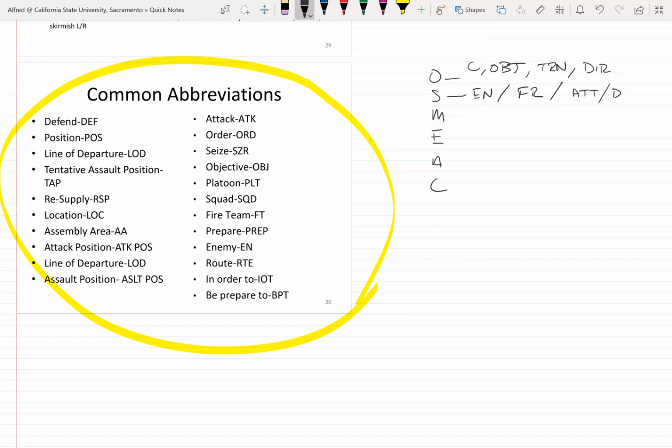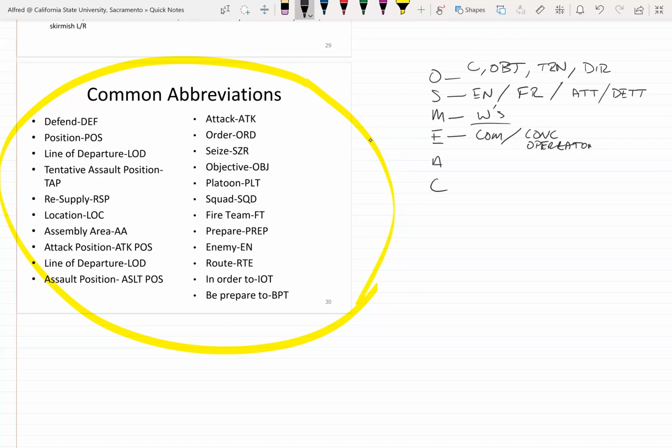ATT, DET. Attachments, detachments. Mission. W's: who, what, when, where, why. Execution. Commander's intent. Concept of operations.